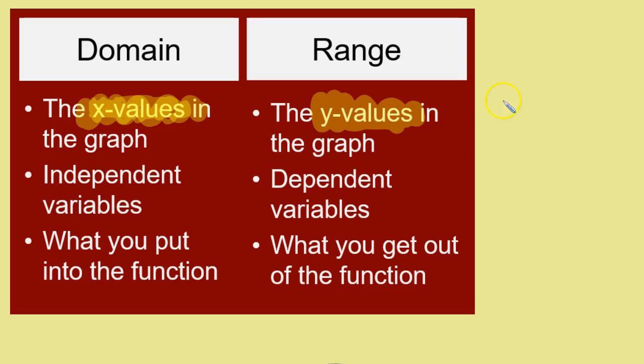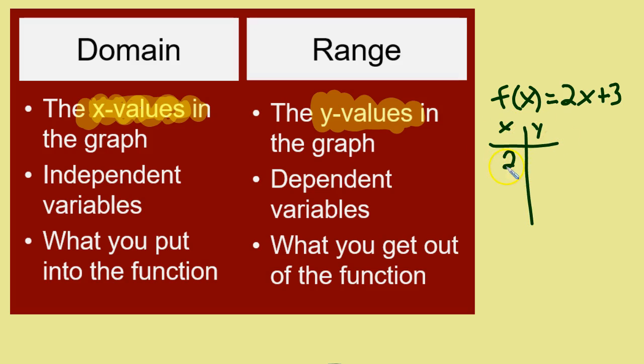If I have the simple function f of x equals 2x plus 3, the x values are all the things that I can plug in for x. Like I can plug in a 2 for x, and that would be 2 times 2, or 4, plus 3, which is 7.